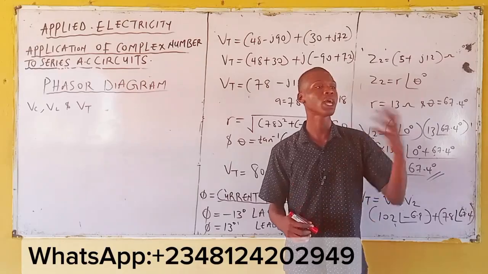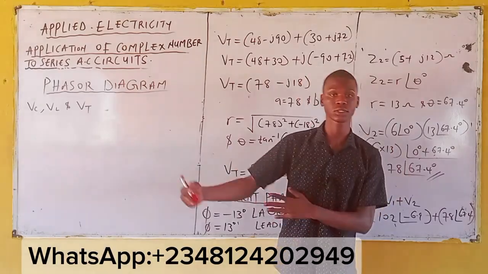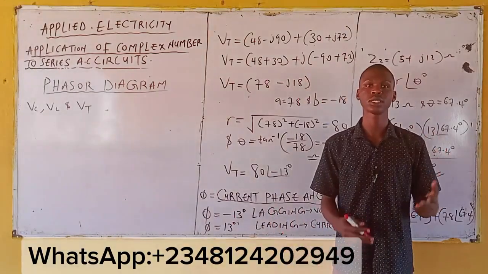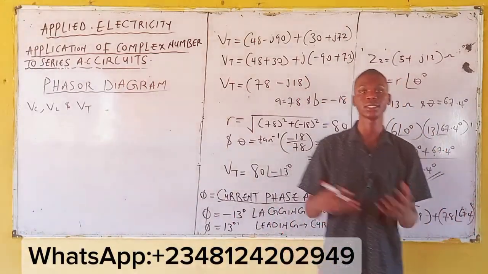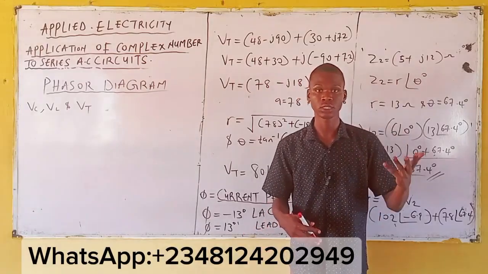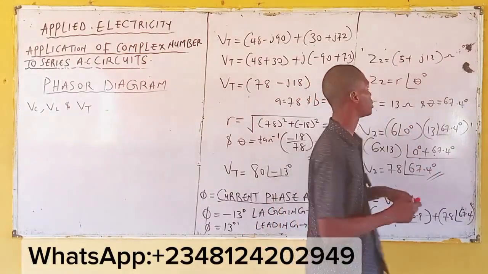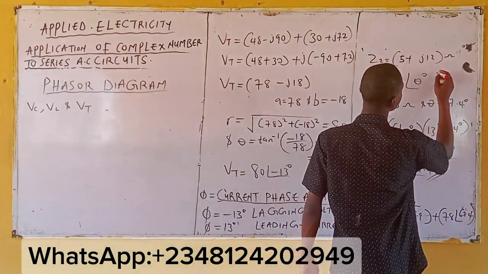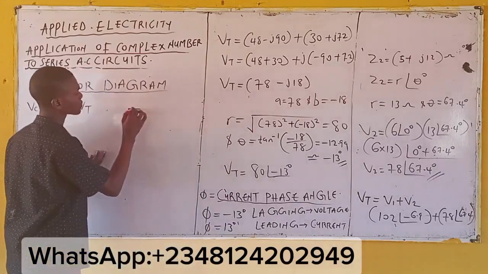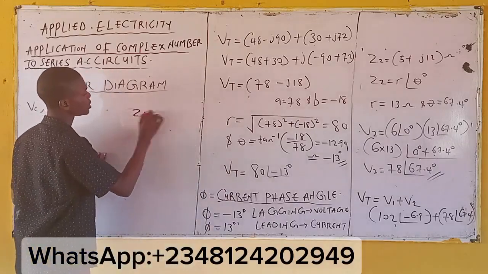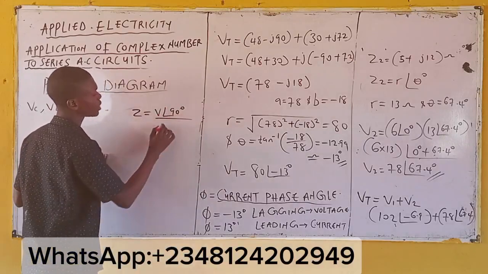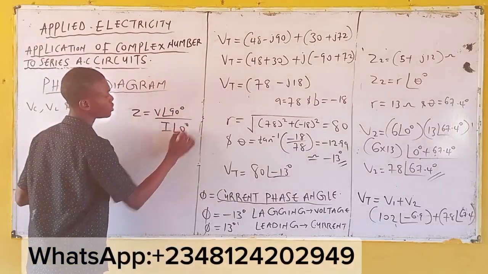From here, when we explained inductor and capacitor, we said we have two values of voltage, right? The first one, we said it is lagging and it is leading. You recall that when we have the voltage being 90 degrees, Z is equal to V at 90 degrees divided by I at 0 degrees.